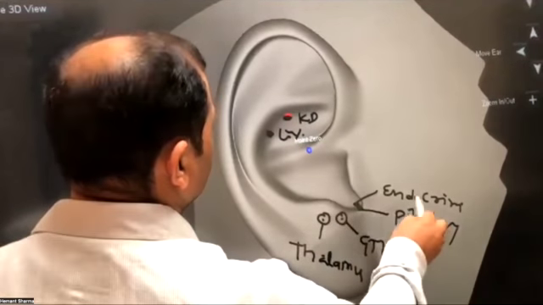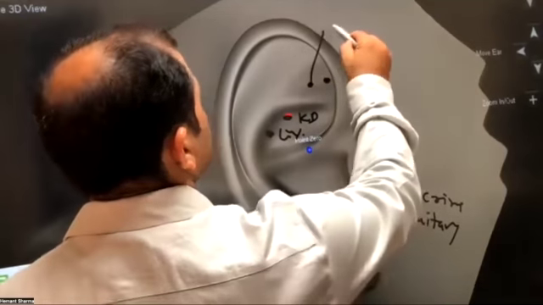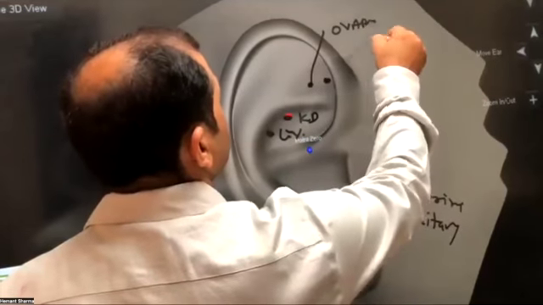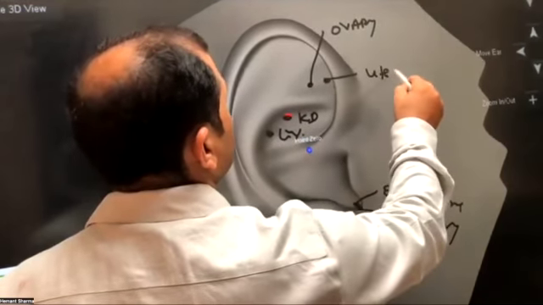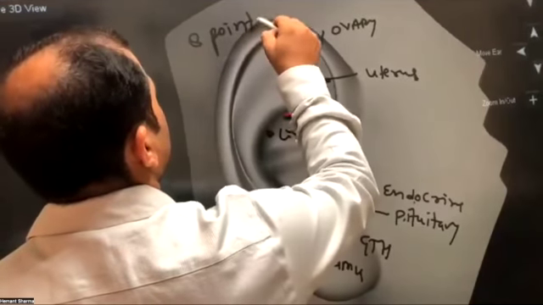So 1, 2, 3, 4, 5, 6 plus uterus and ovary. So these are 8 points. These are fixed for any uterine problem.